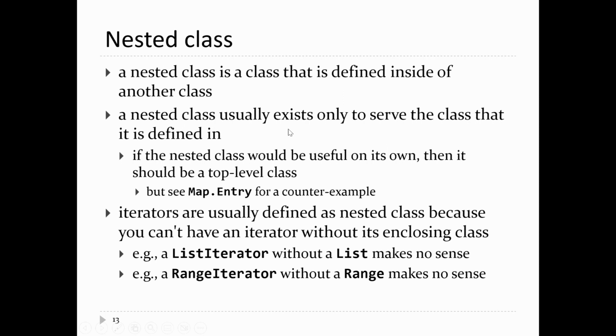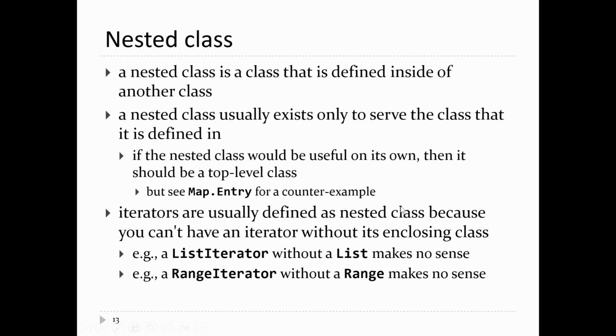Nested classes usually only exist to serve the class that they are defined in, usually but not always. If you create a nested class and you realize, hey, this would actually be useful to somebody else, then you should probably make it a top-level class. However, the standard library actually breaks this rule, and it defines this class called entry for maps. Remember, in a map, an entry is just the row of the map. So there's a counterexample right there.